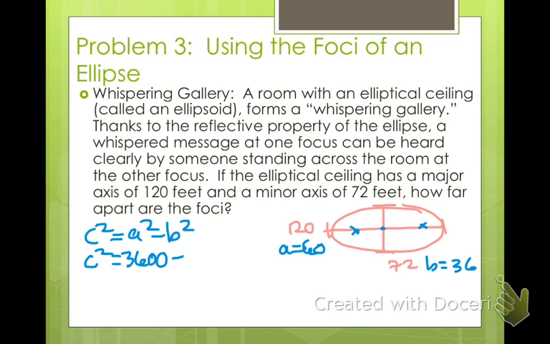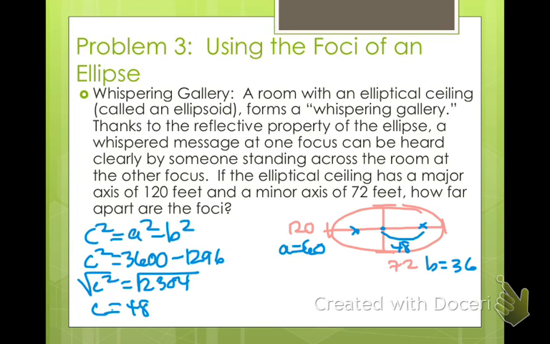And 36 squared is 1,296. When you subtract the two, we get 2,304. Take the square root of that. c equals 48. So what that means is, from the center of the room to one person is 48 feet.